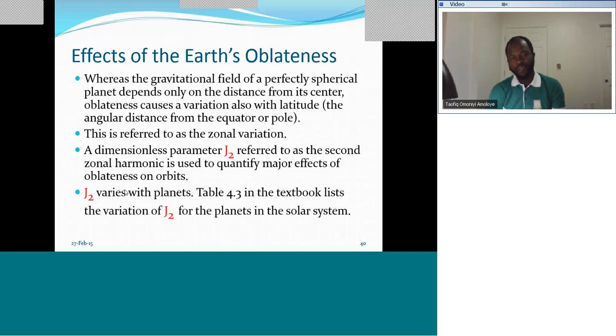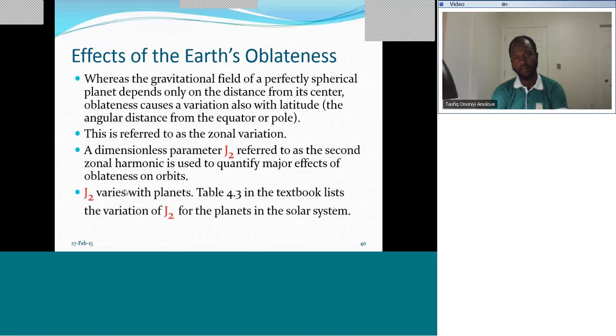The variation due to the latitudinal position around the Earth is called the zonal variation.